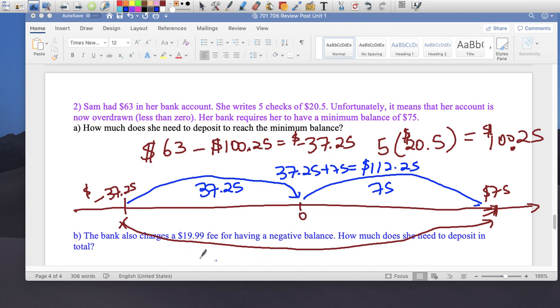And then at the bottom it says because her account balance went negative, they're also going to charge her a 19.99 fee, a penalty. So she has to deposit all that money to get to positive, plus pay a fine of $19.99. That's going to give us $132.24.